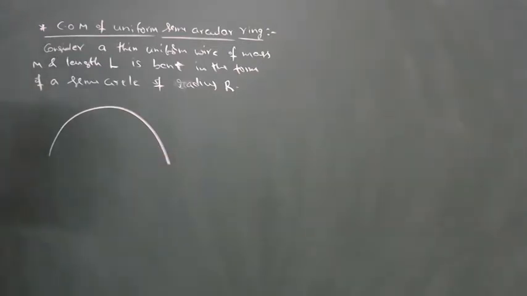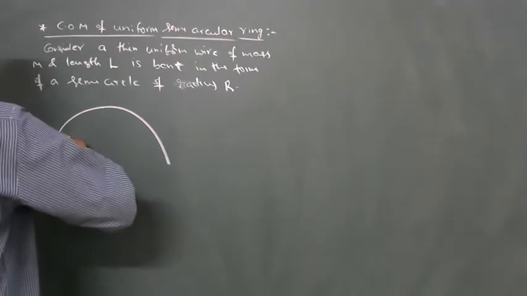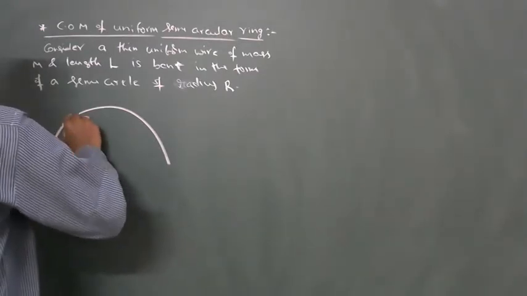This is a semicircle. A thin wire is bent in the form of a semicircle.